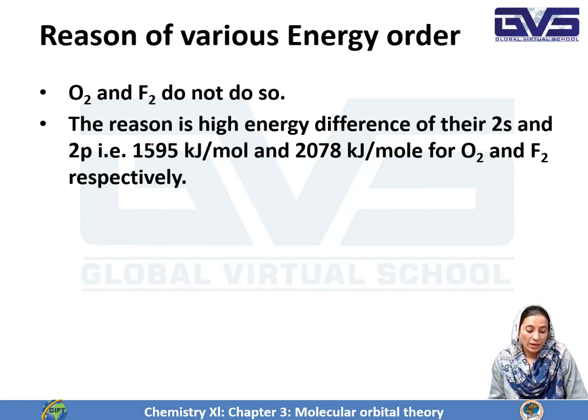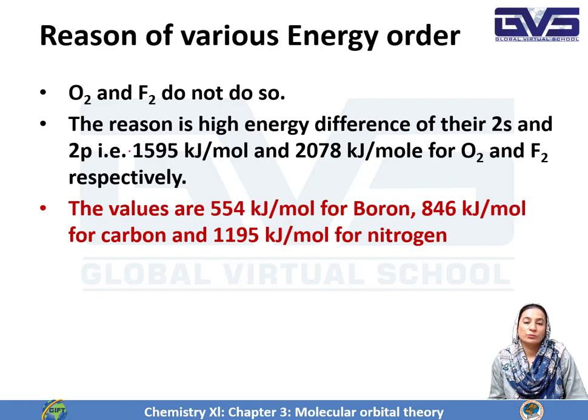2078 kilojoule per mole. But in case of nitrogen, boron and carbon, the energy difference is low. For boron it is 554 kilojoule per mole, the difference between 2s and 2p. For carbon the energy difference is only 846, and for nitrogen it is 1195, which is less than the energy difference for oxygen and fluorine.